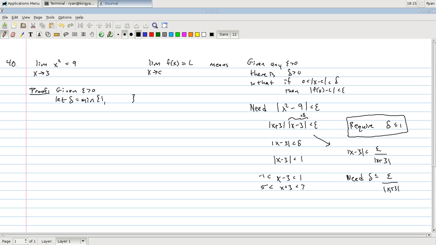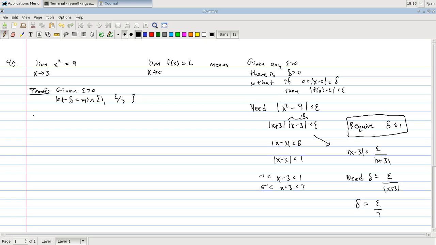But now x plus 3, the worst case scenario, if we want to make this as small as possible, we'll choose the denominator to be as large as possible. And the biggest that we can make the denominator is 7. So we'll choose delta to be epsilon over 7. So that's going to be the other piece in the proof. So delta will be the minimum of 1 and epsilon over 7.